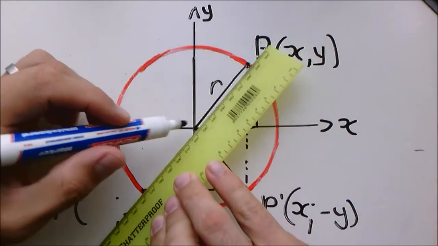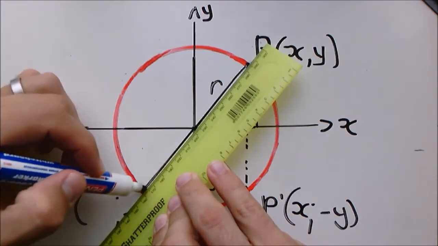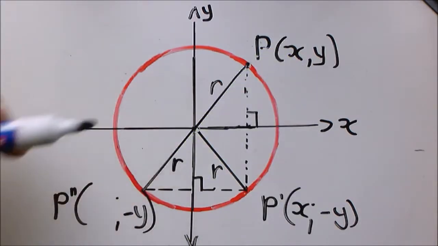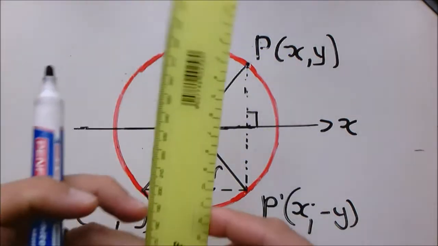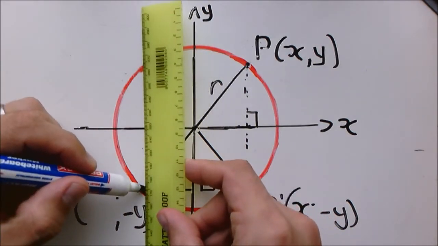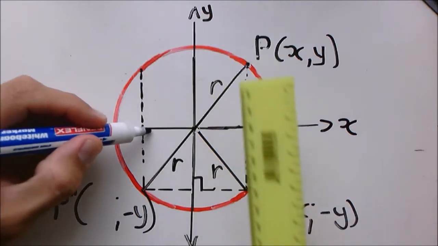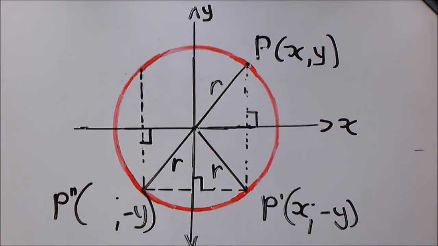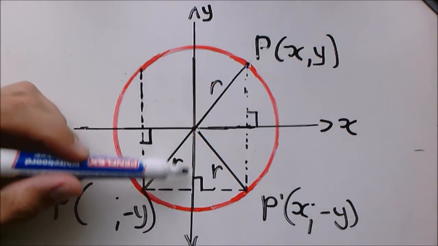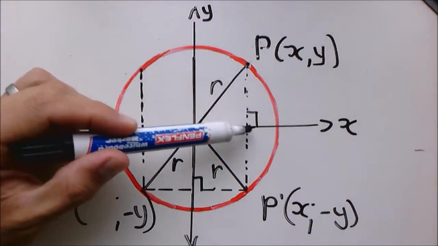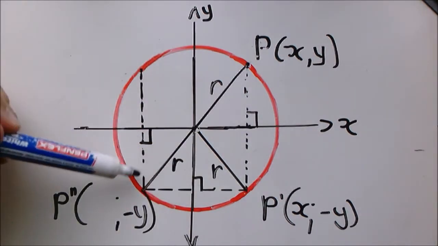And we can again use the same principle of Pythagoras, knowing that there is r and completing this triangle over there. So these are parallel lines, so this distance will be the same as that one.